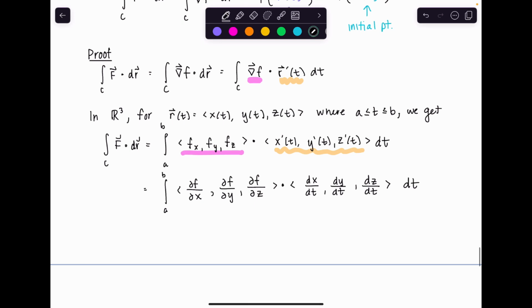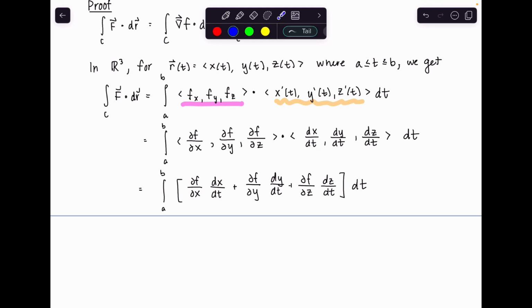So going through the dot product, we multiply the first components. That's a partial of f with respect to x, dx dt, plus the partial of f with respect to y, dy dt, and the partial of f with respect to z, dz dt, integrated with respect to t.